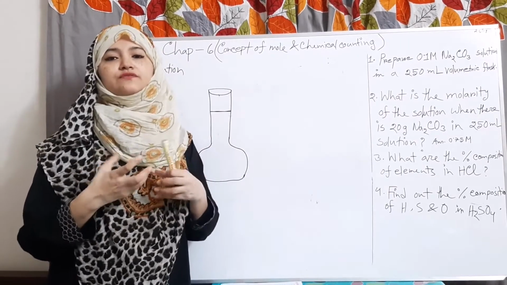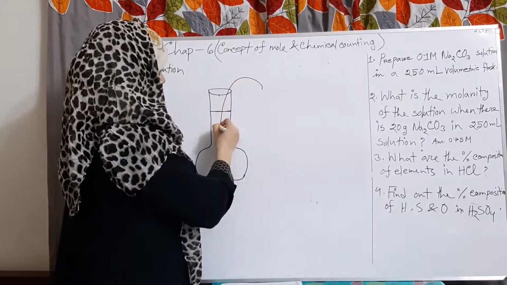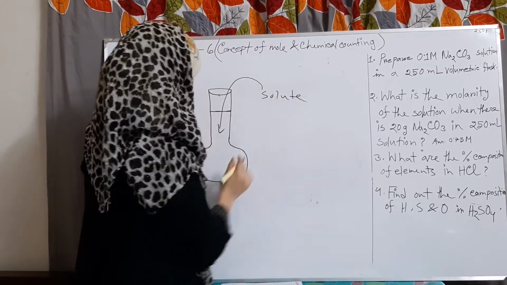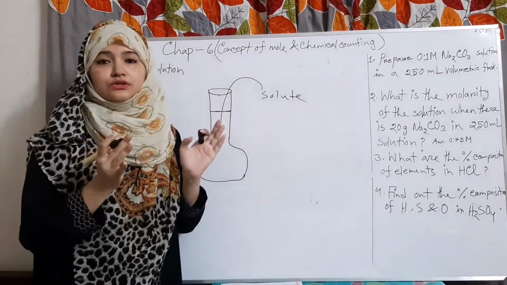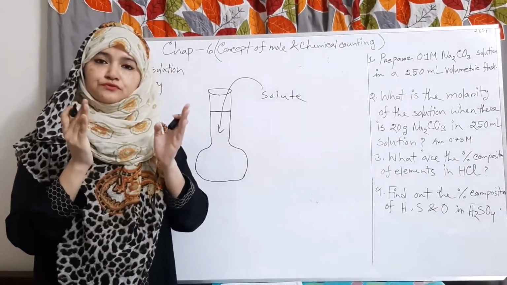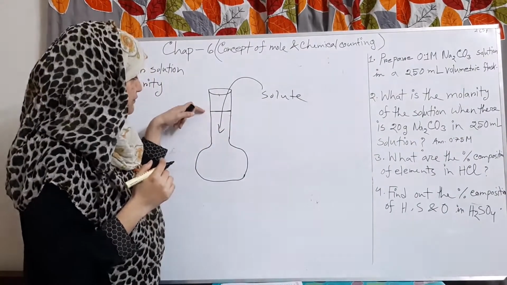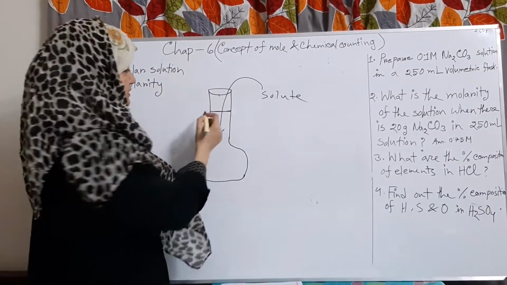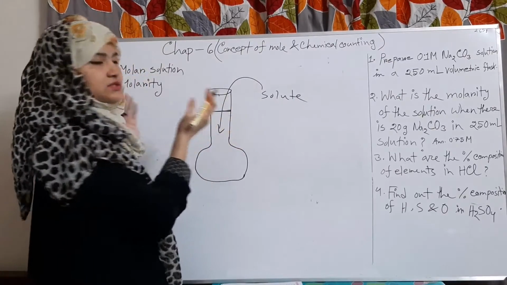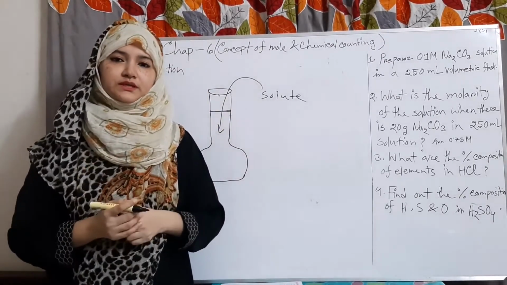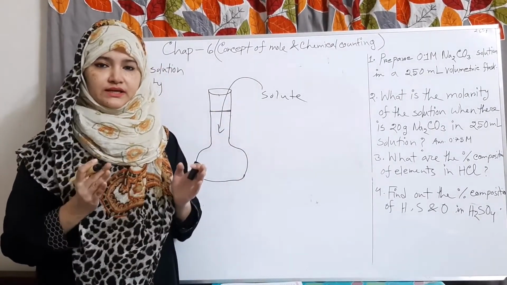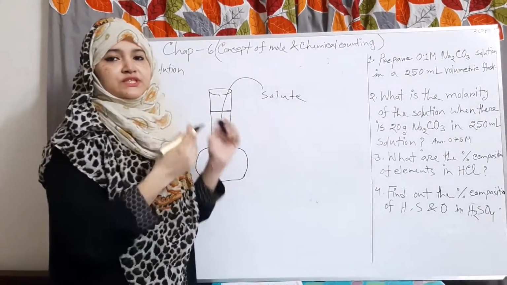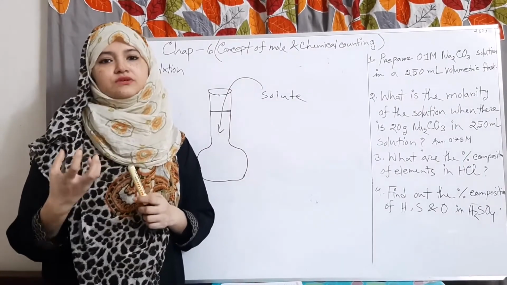And after dissolving the solute, we have to fill the volumetric flask with solvent up to this mark, and the solution is prepared. Okay, it is very easy, and this was the full procedure to prepare any molar solution with definite concentration.